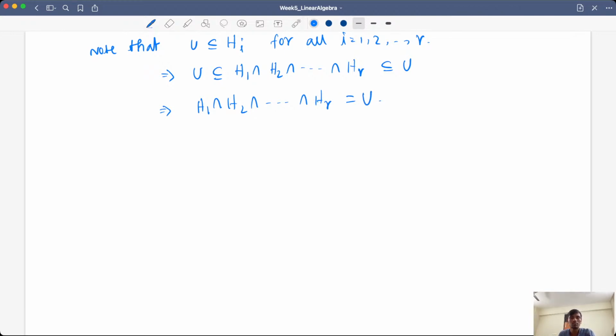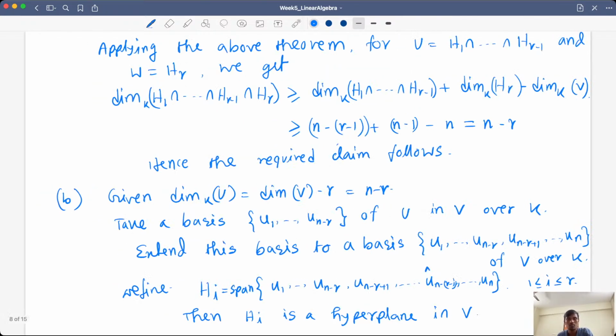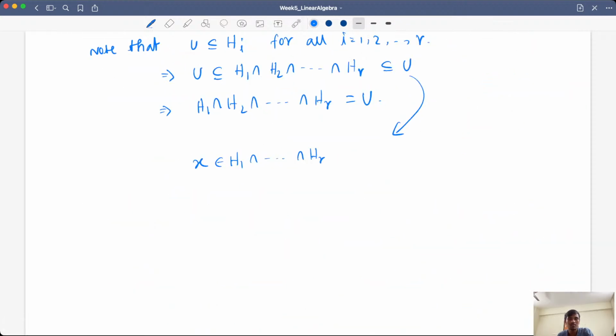This intersection belongs to Hr, because if I take any element, so let me put it here, if x belongs to H1 intersection Hr, then I can write x as a linear combination of vectors of this form, but note that each u of that thing is missing here.